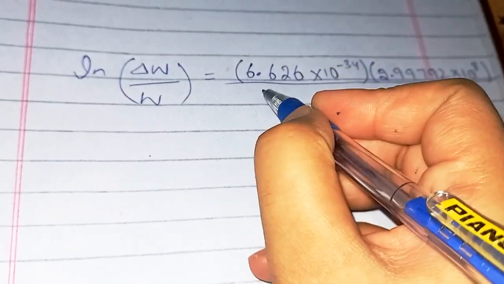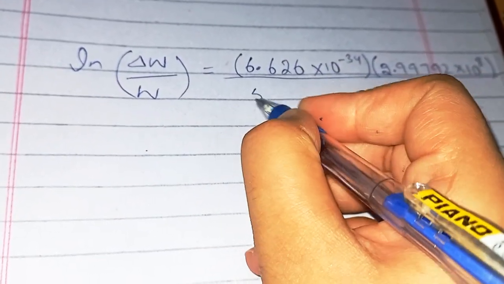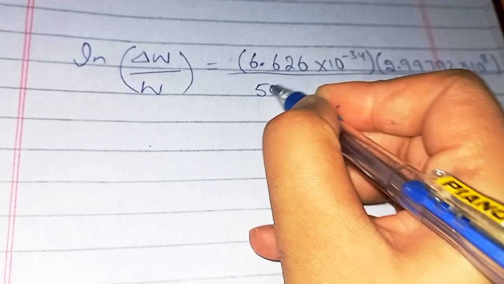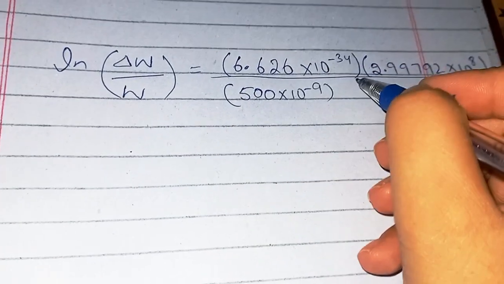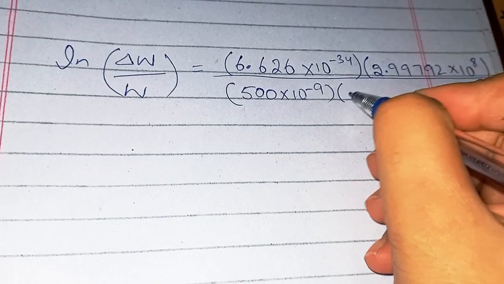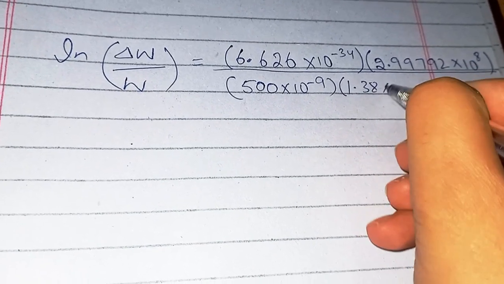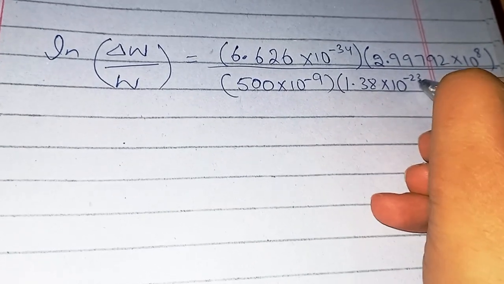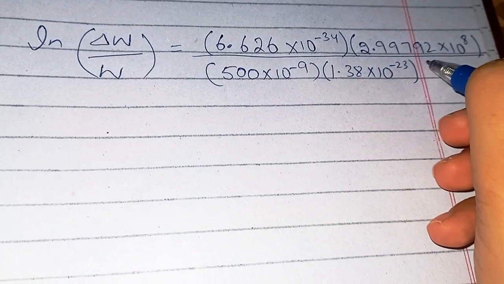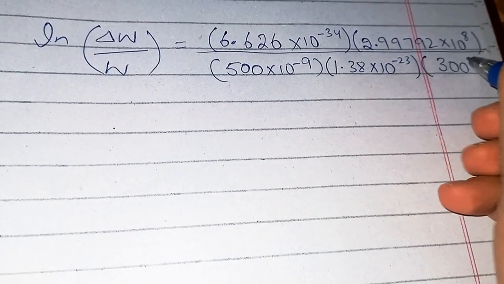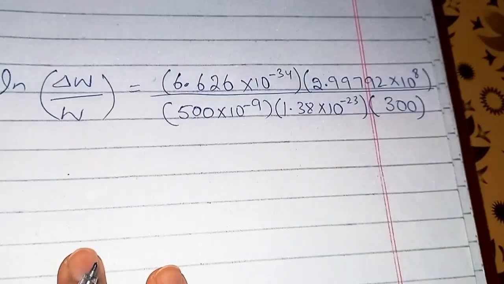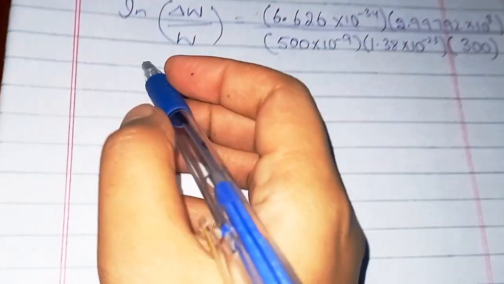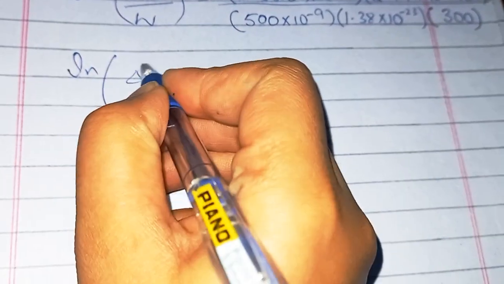And in place of lambda, I'm going to put the value of lambda, which was 500 multiplied by 10 to the power minus 9. Then we have kB, which is the Boltzmann constant, and its value is 1.38 multiplied by 10 to the power minus 23. And then we have temperature in Kelvin, which is 300 Kelvin. Okay, that's the calculation that we have to perform, and that's the main calculation actually.